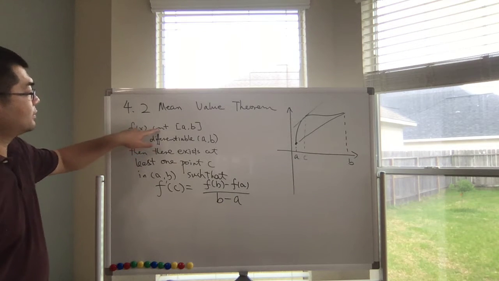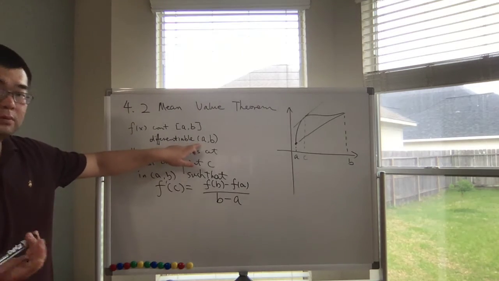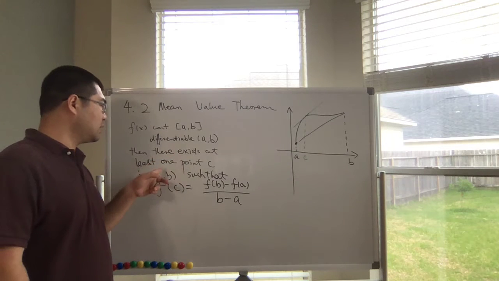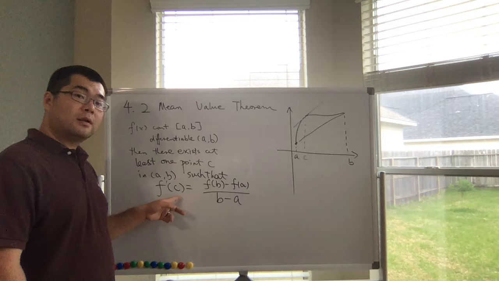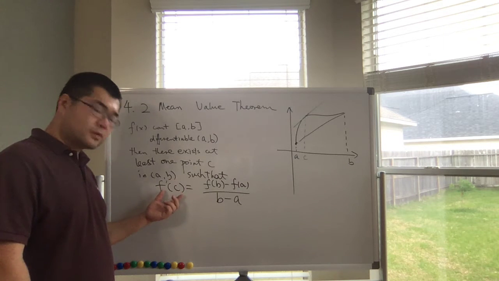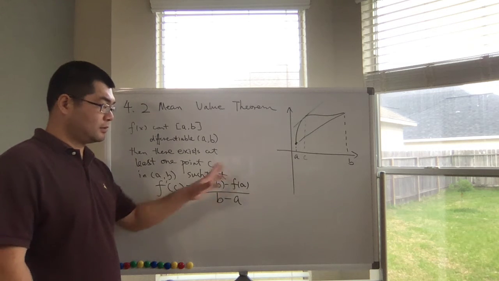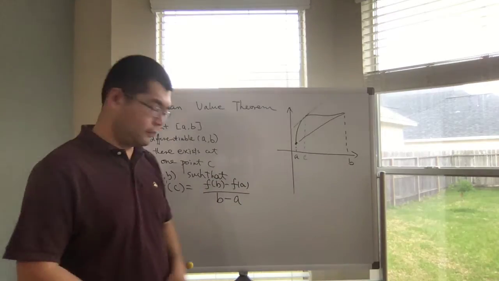Again, f(x) is continuous on this closed interval a to b, differentiable inside the interval, then there exists at least one point c in (a, b) such that, like I said, the derivative, the slope of its tangent line, equals the slope of the secant line that passes through those two endpoints.